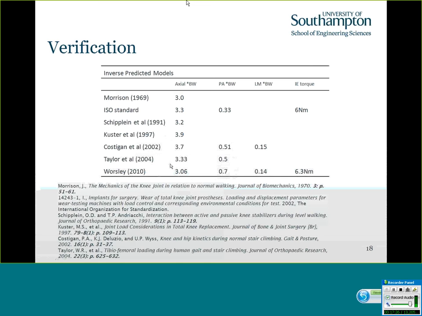But again, these patients are a mixture of arthroplasty and young cohorts, so there's lots of different patients within that. Our lateral-medial constraint reaction is very similar to that found by Costigan a few years ago. And as we said before, our IE torque is very similar to that found in the previous evidence base. So in terms of comparing AnyBody to the previous inverse dynamic predictive models, the data looks very good in comparison.